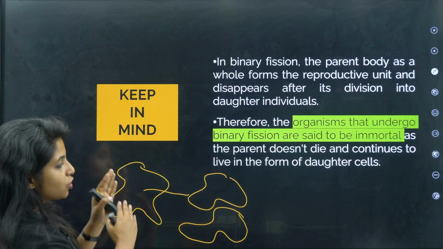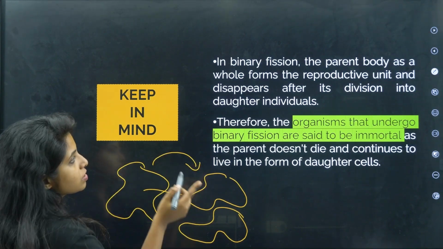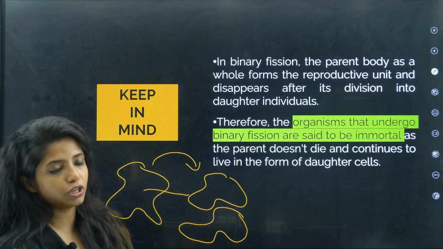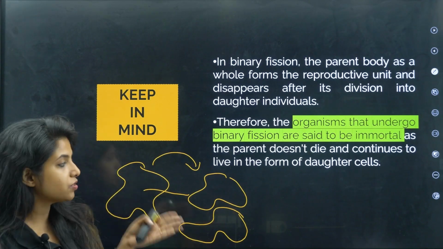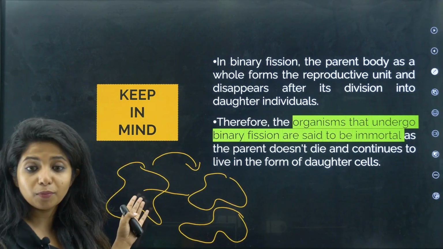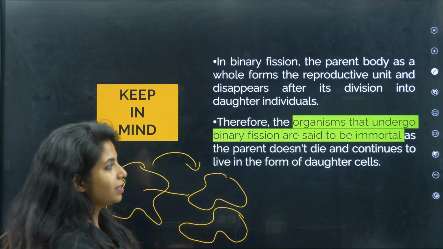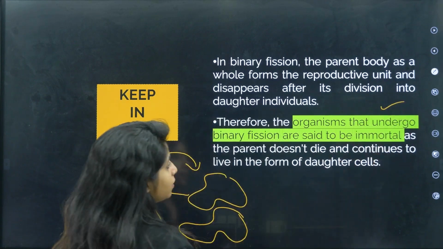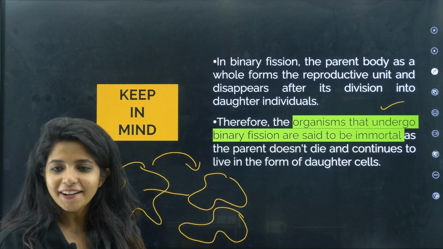Because it's not dying, it's going to live in the form of the daughter, right? The organisms that show binary fission are said to be immortal because they are just dividing their body and giving it to the next generation. So they are said to be immortal, and the parent does not die and continues to live in the form of the daughter cells.